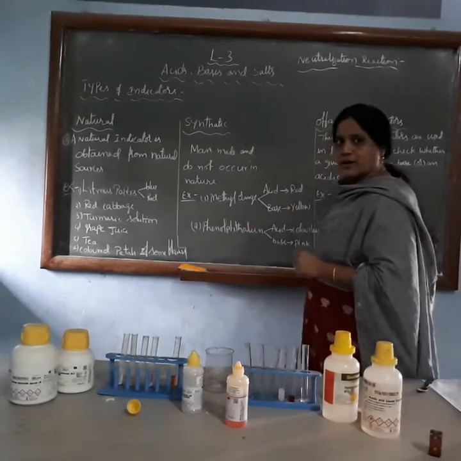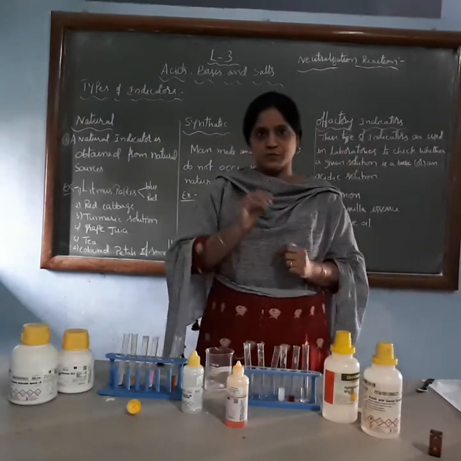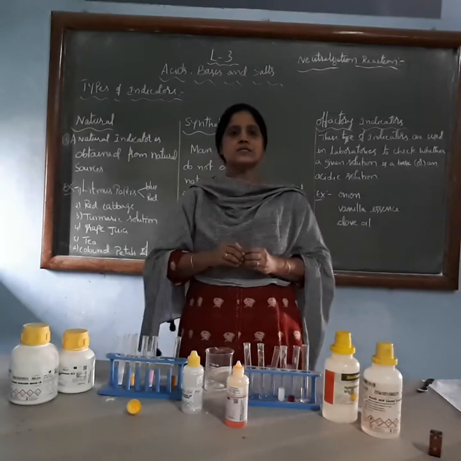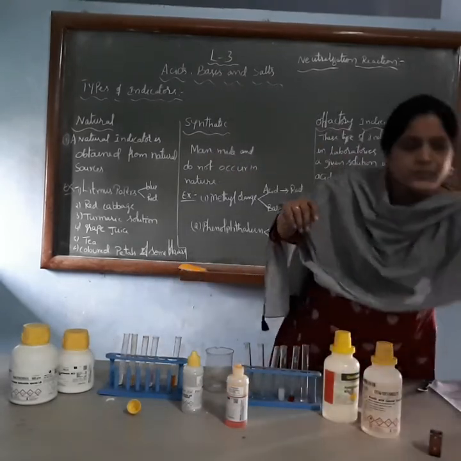For olfactory indicators, for example, you take one onion, chop it or cut it into small pieces, and take one cloth. Here just I did it. See.